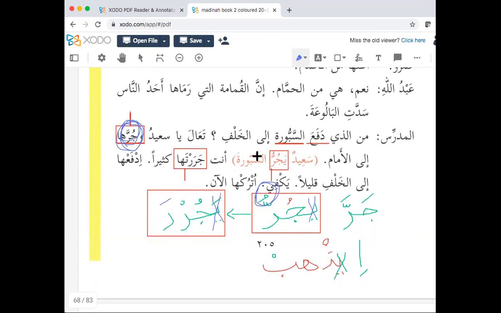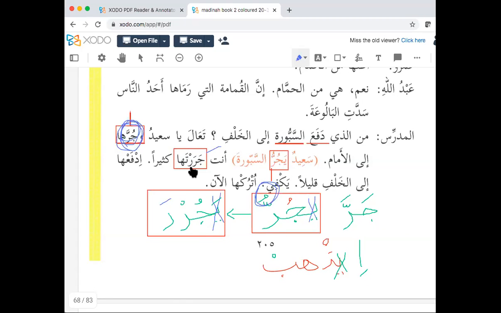And then we come to the second point of discussion, and that is here. Jarra, yajurru. So we know that this is fi'l mudha'af and that you're supposed to join those two letters together. But is it possible ever to separate those letters and pronounce them individually?